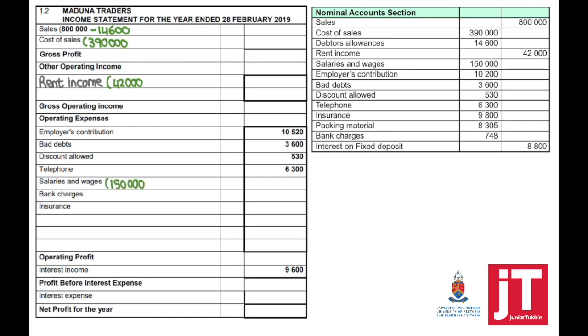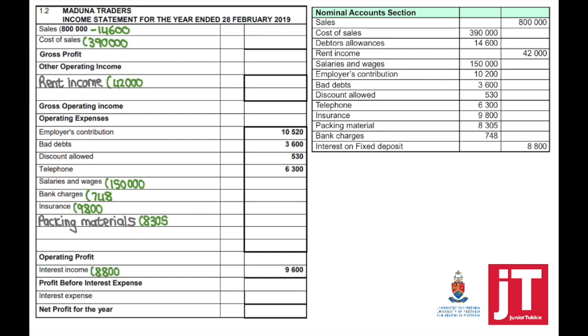Salaries and wages in brackets, 150,000. Insurance in brackets, 9,800. Packing material is an expense, so it forms part of your operating expenses, and in brackets, 8,305. Bank charges, 748.